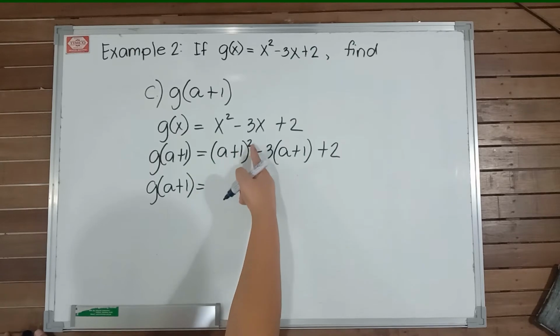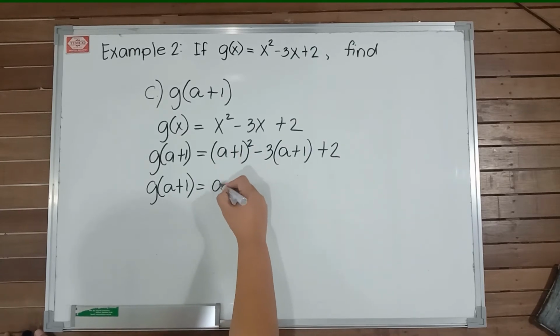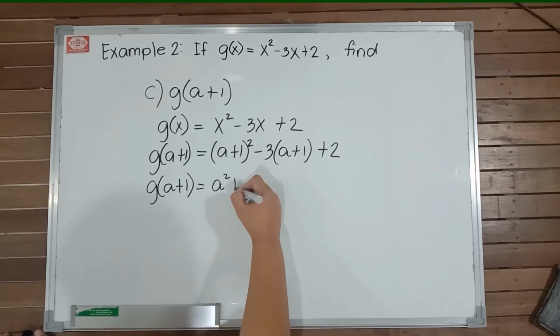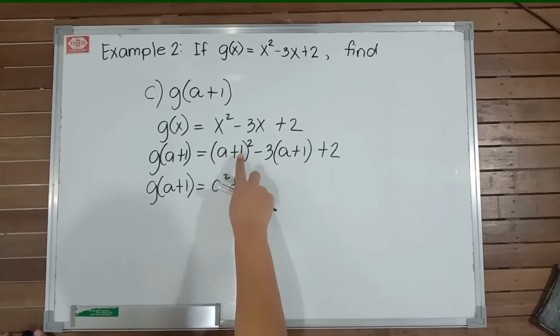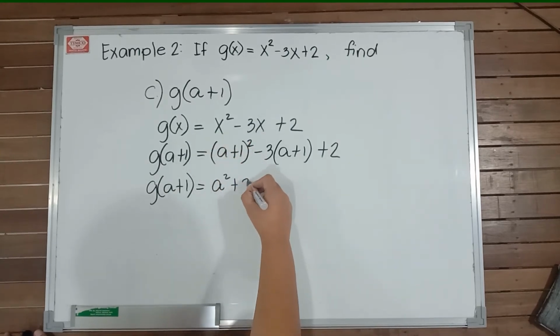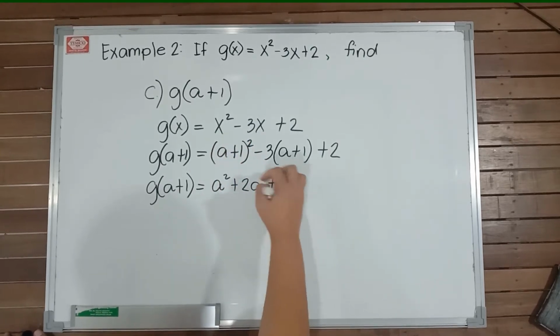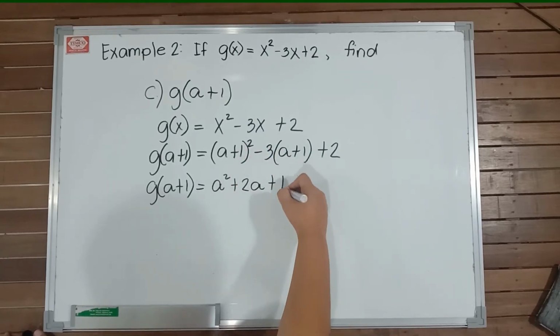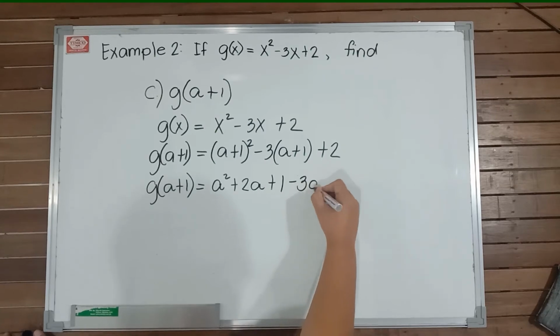So g of a plus 1 equals square the first term, which is a squared, multiply the first term and the second term, which is a, times 2, which is 2a, and square the last term, which is 1. Next, negative 3 times a is negative 3a.